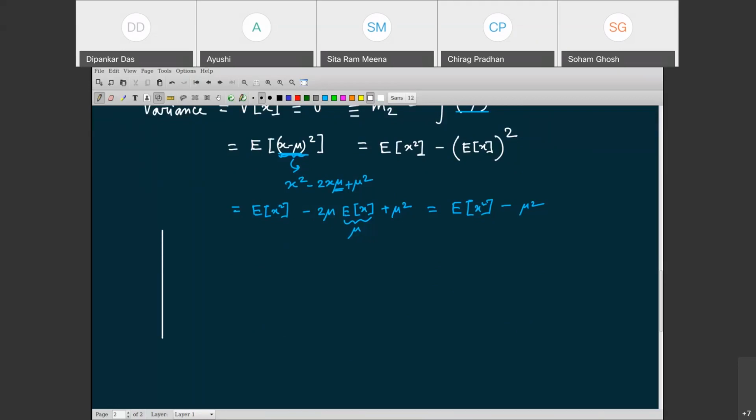People who are already trained in statistics probably know all these things, but people who are seeing this for the first time might not. So suppose I have a distribution like this, and another distribution.